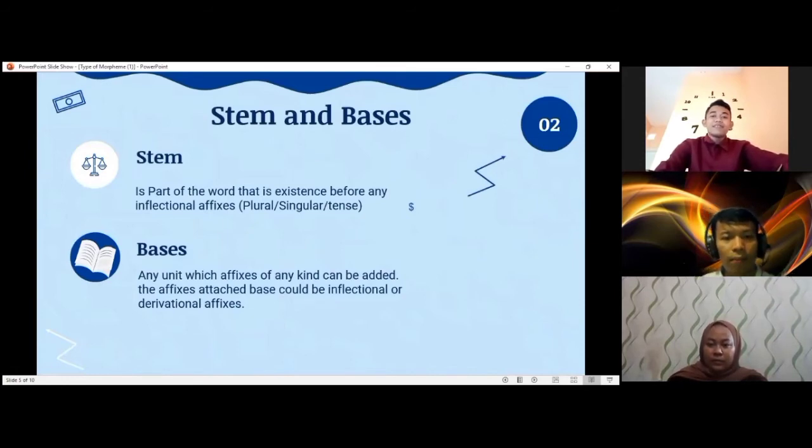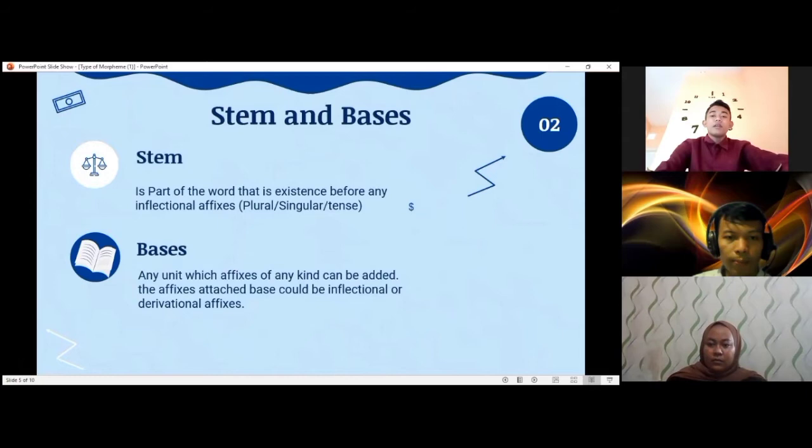Well, ladies and gentlemen, I will explain about stem and base. The first one is stem. Stem is part of the word that exists before any inflectional affixes such as plural, singular, or tense. Every word that ends with inflectional suffixes, we call it stem.